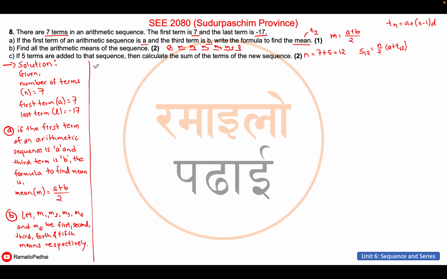Now the sequence can be written as, so how do you write that sequence? The sequence has 7 terms and there are 5 means. As we already know, if there are 7 terms, then means will be 5, that is 7 minus 2, that is 5. So the sequence can be written as A, m1, m2, m3, m4, m5, and then L.